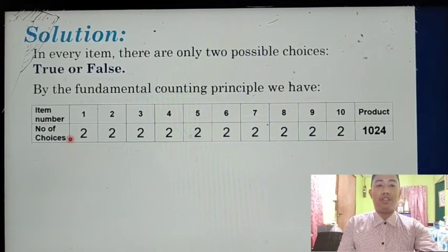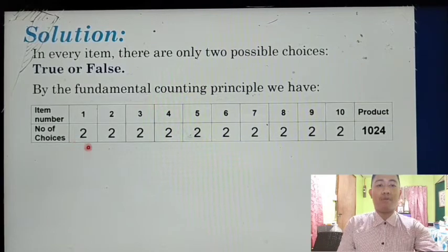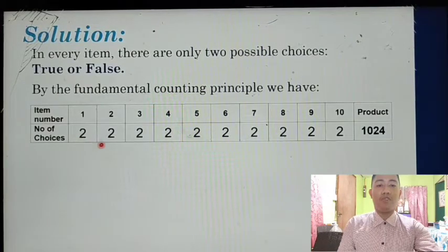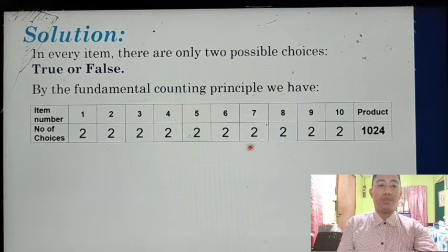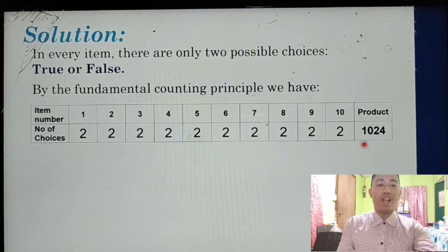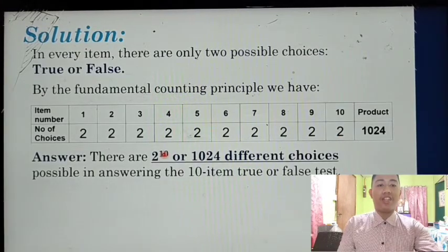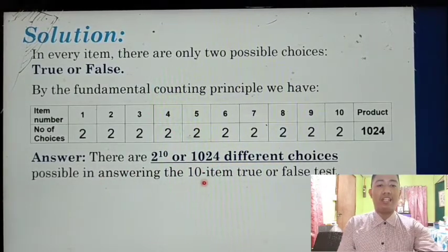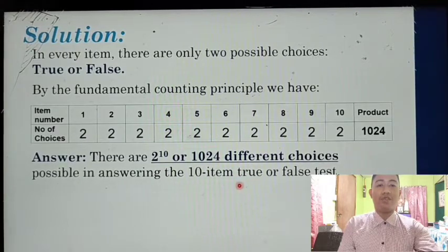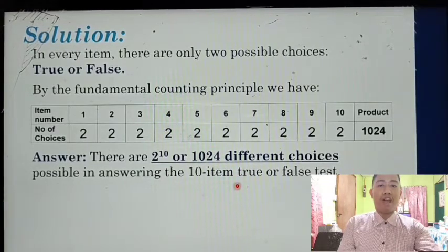So the number of choices has the product 2 times 2 times 2 times 2 times 2 times 2 times 2 times 2 times 2 times 2. So we get a product of 1024 ways or different answers in answering the 10 item true or false test. My dear friends and students, that is our answer.